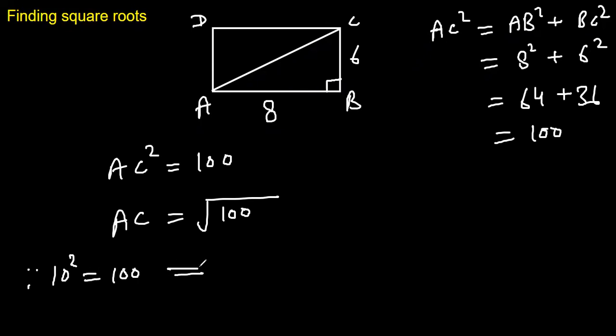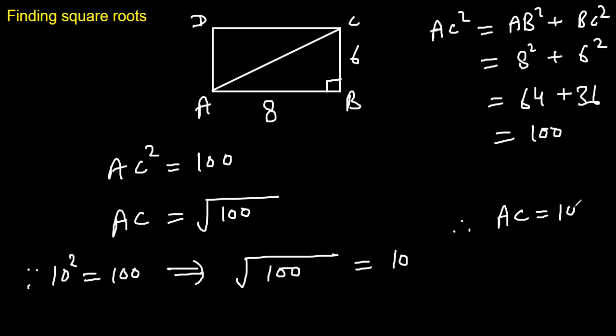So this will imply square root of 100 is equal to 10. That means the diagonal of this rectangle, therefore AC, would be equal to 10.